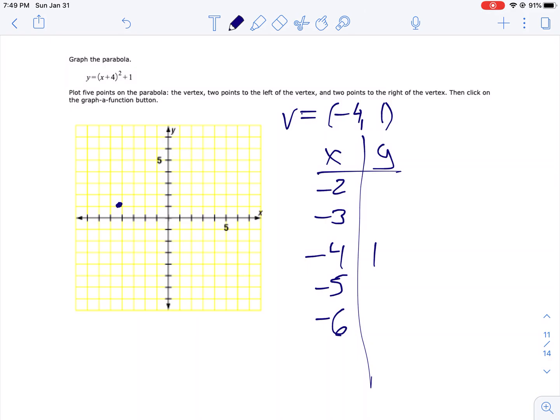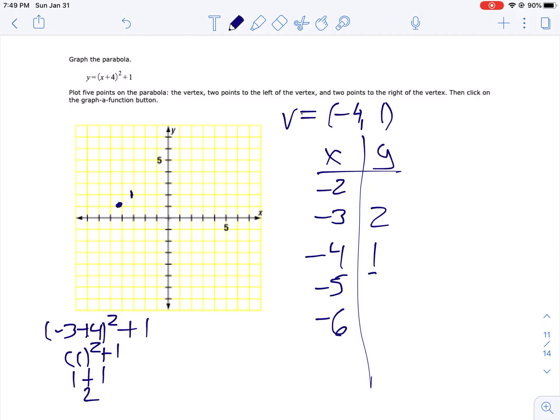And let's find when x is -3 then. So I'll go -3 plus 4 squared plus 1. Well, -3 plus 4, that's 1 squared plus 1. I get 1 plus 1, which is 2. So when you're at -3, we're going to be up at 2.